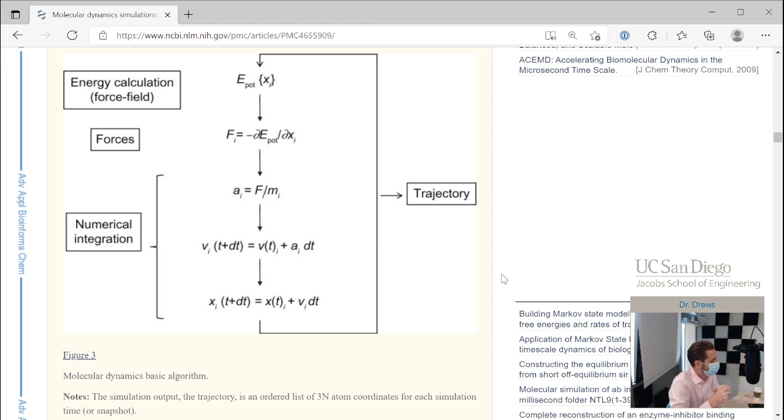The other thing that I had mentioned was that the hardest parts of a molecular dynamics simulation, in terms of what's hard for the computer to do, are these force field calculations, the ones up at the top. So generating a potential energy field and then taking its derivative to figure out what the forces are. Usually we do that step analytically on paper and then just code the result.